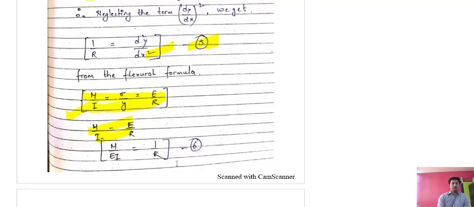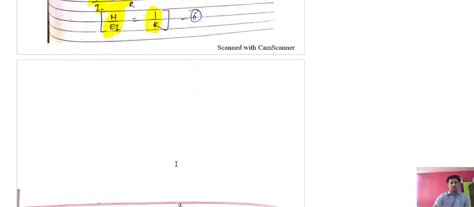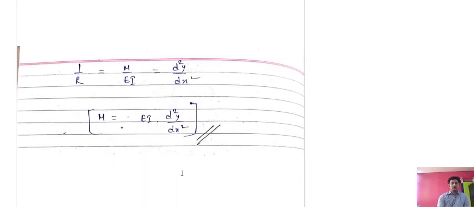I already know that 1 upon r is equal to d square y upon dx square. So I have put that 1 upon r equals M upon EI equal to d square y upon dx square. So I can use this formula now: M equal to EI d square y upon dx square.